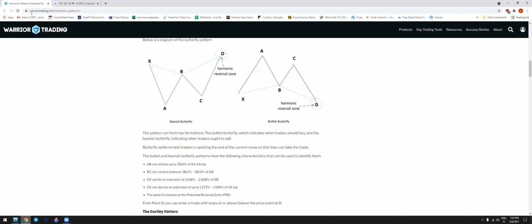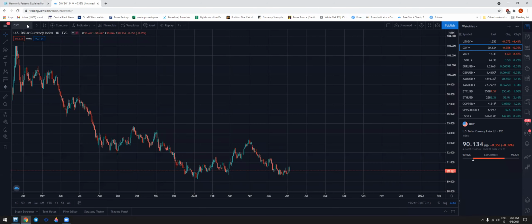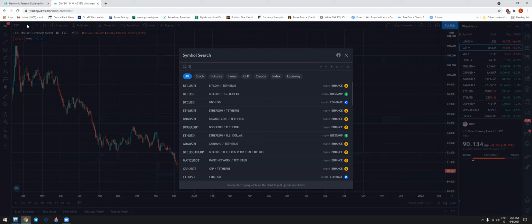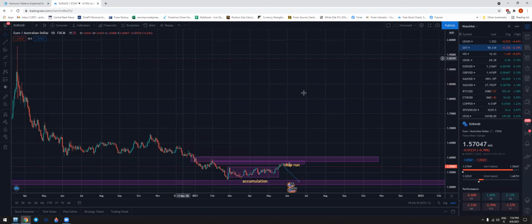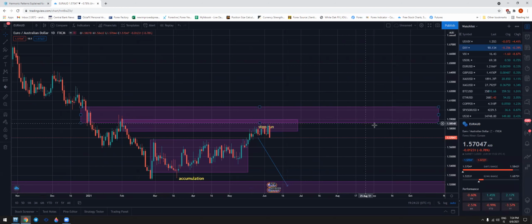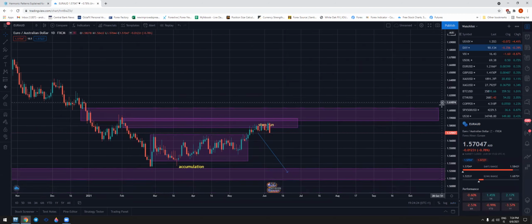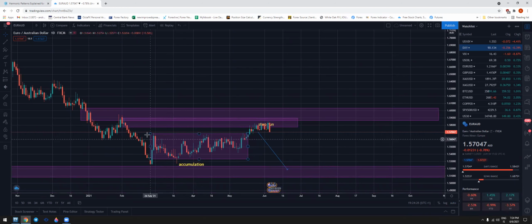I think I have it here. Still, I marked the daily and shared in the group what I thought. Let me see. This theory here that this was an accumulation, a stop run out of it.